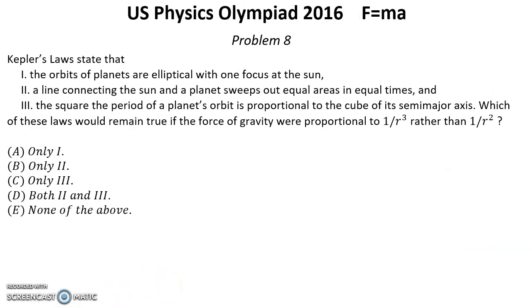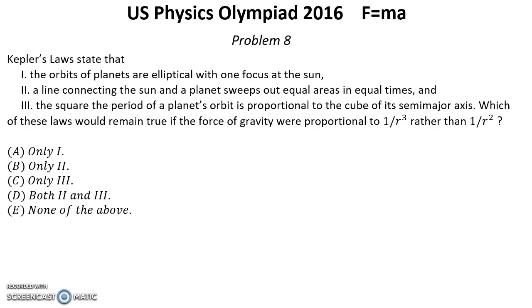Problem number 8. Kepler's laws state that, first law, the orbits of planets are elliptical with one focus at the Sun. Second law, a line connecting the Sun and the planet sweeps out equal areas in equal times.